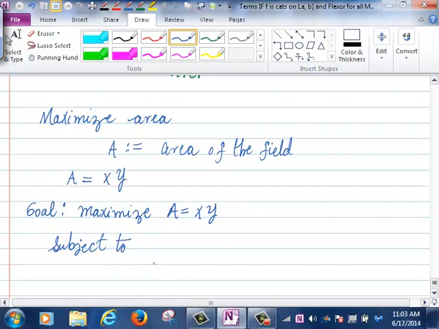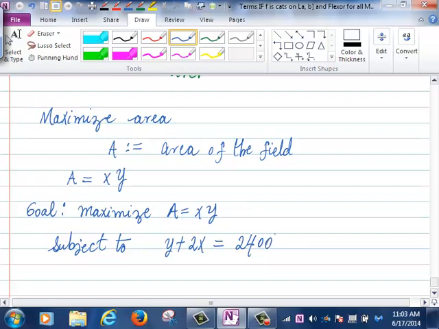Subject to the fact that I have 2,400 feet of fencing, right? So the total perimeter of the field where I need fencing would be Y plus 2X. That's the total length of the sides where I need fencing, right? And that has to be equal to 2,400.